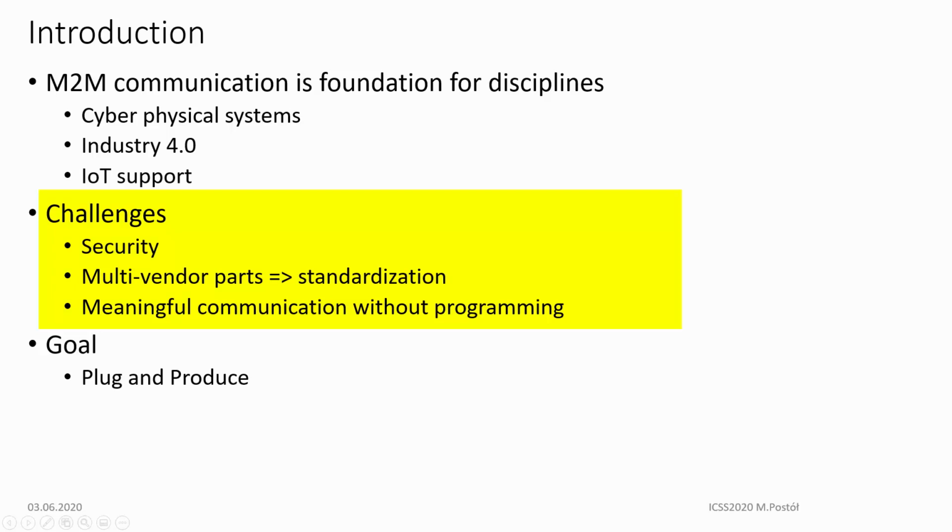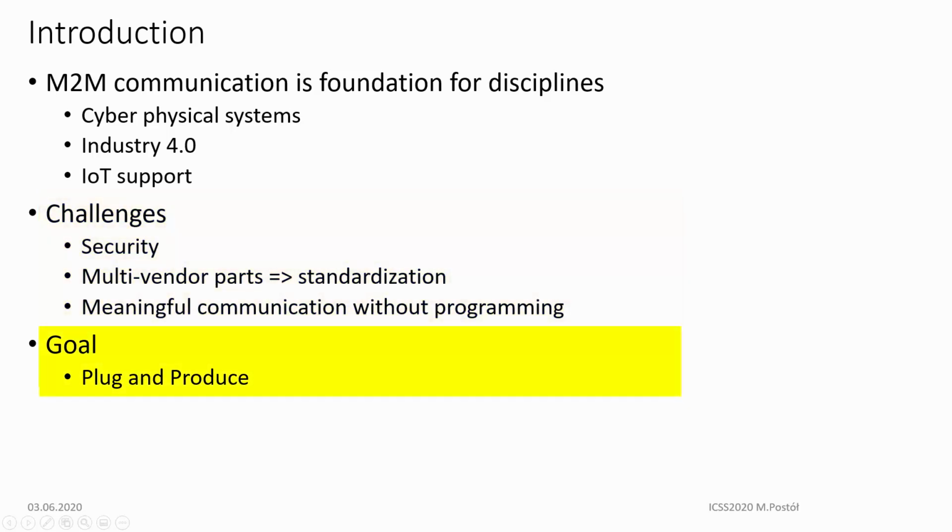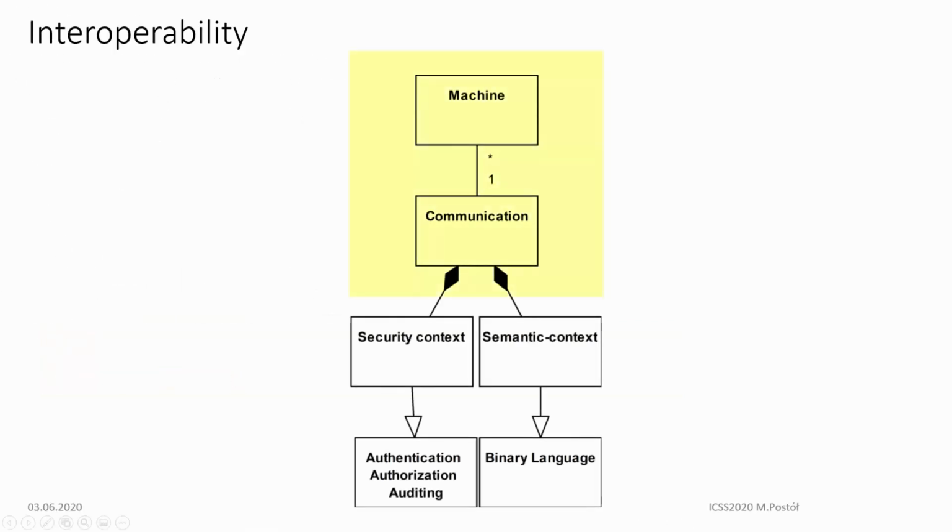The integration of a cyber-physical system using multi-vendor products requires that machine-to-machine communication employ international standards as the interoperability foundation. To address the industry requirements, we need meaningful communication without programming. This feature is coined as plug and produce. Machine-to-machine communication requires information exchange technology. In practice, the information must be represented as bit streams, called data.